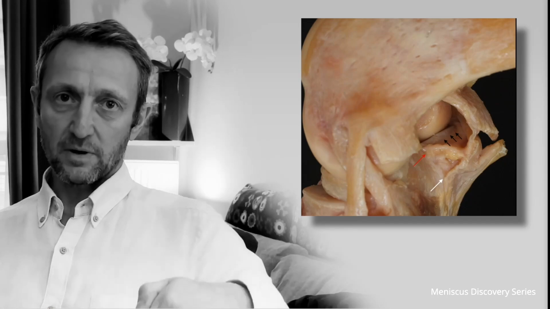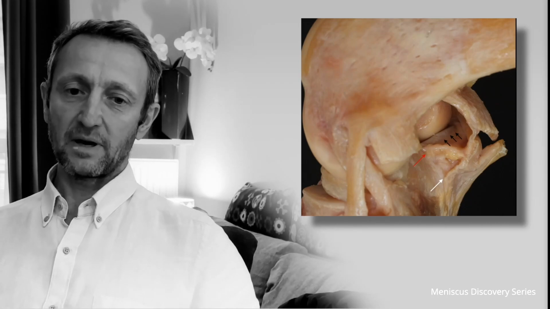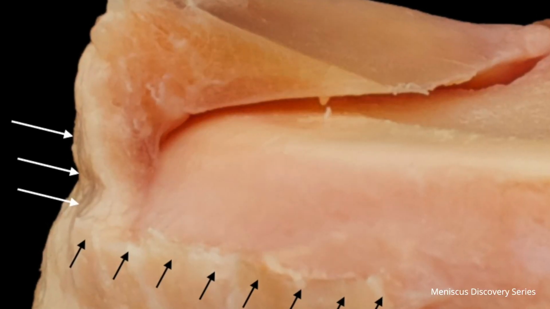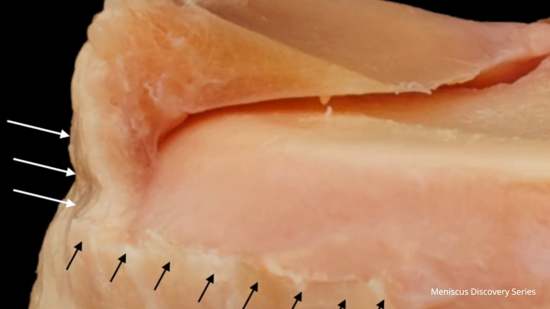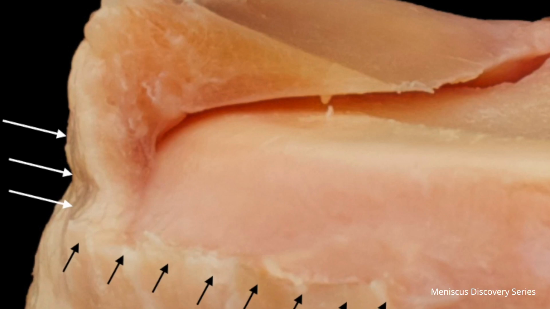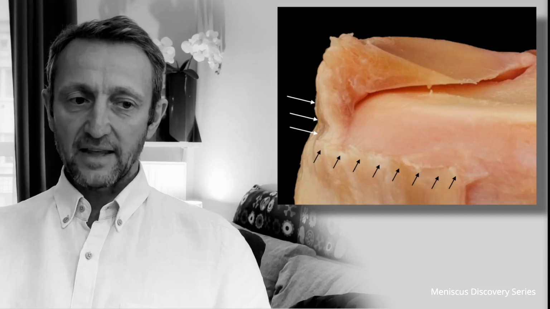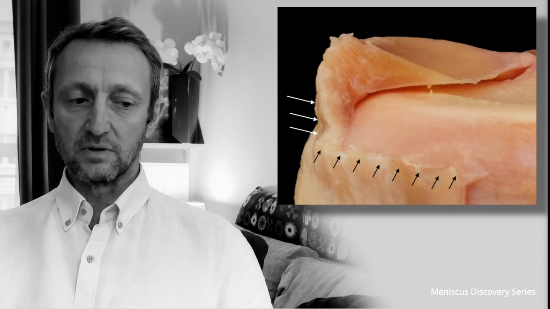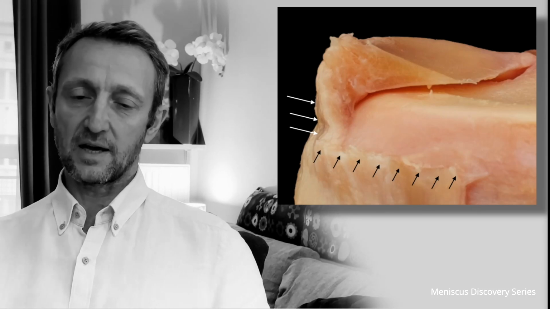And then deeper we have the meniscotibial ligament. We can see the meniscus is attached only to the tibia, not actively to the femur. This is very important.